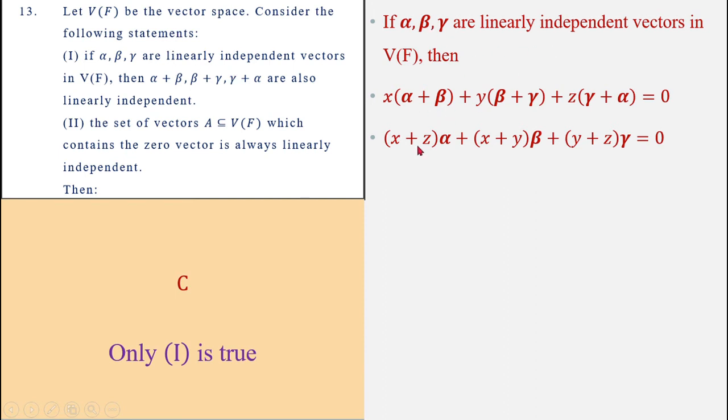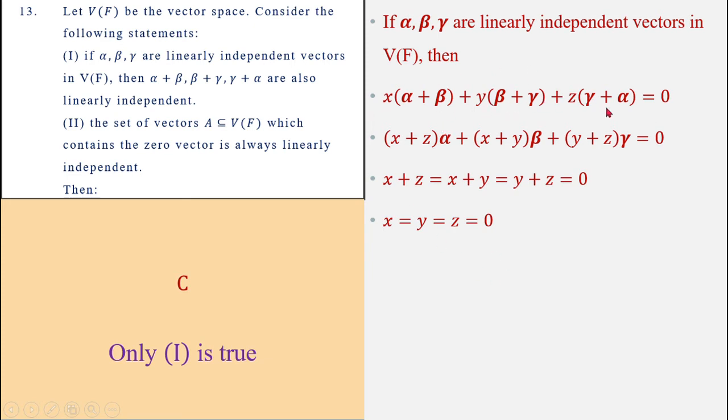But already we are given that alpha, beta, gamma are linearly independent. As they are linearly independent, their linear combination is equal to the 0 vector if and only if each and every coefficient in that linear combination is equal to 0. So we get x plus z is equal to 0, x plus y is equal to 0, y plus z is equal to 0. By solving these three equations, we get x is equal to y is equal to z is equal to 0. That means whenever we take a linear combination of alpha plus beta, beta plus gamma, gamma plus alpha and equate it to 0, we get all the coefficients equal to 0.